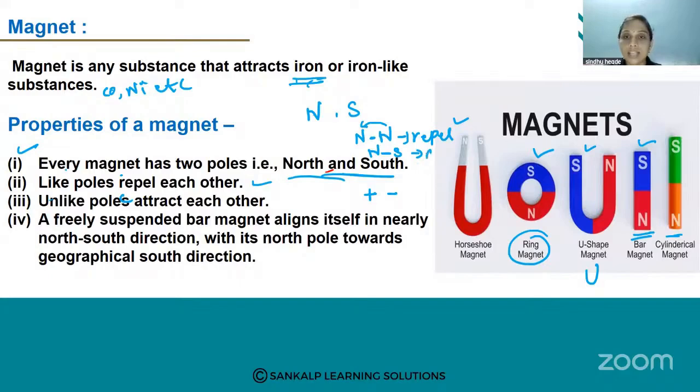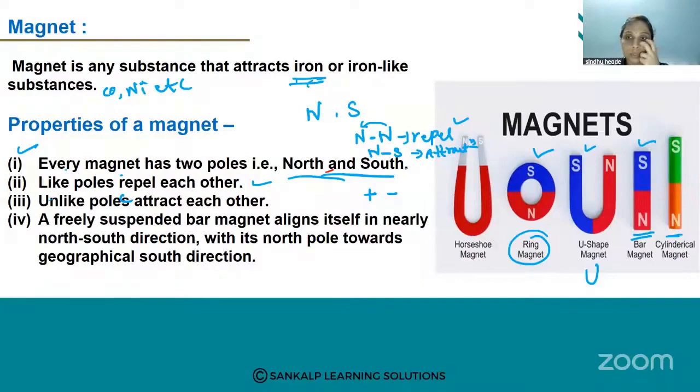Attraction takes place, because these two are unlike poles, right? We know that like poles repel and unlike poles attract each other. This is the second property of the magnet.